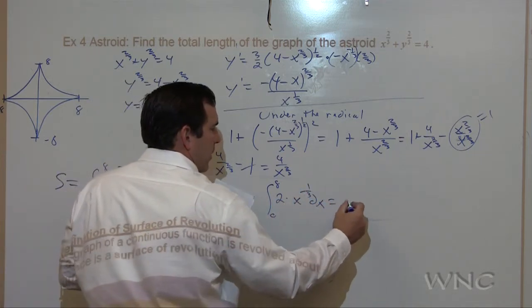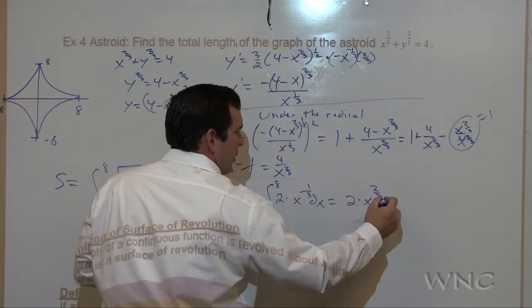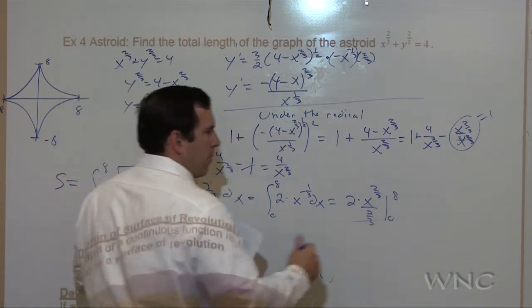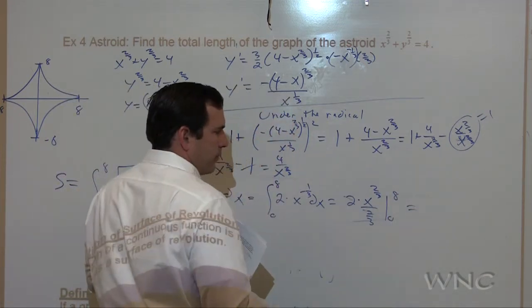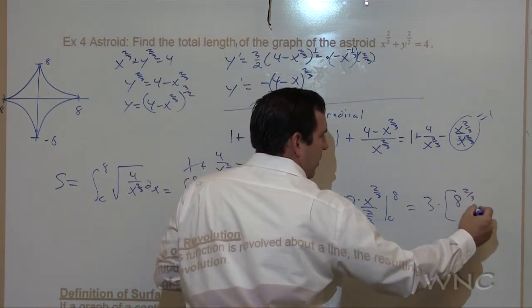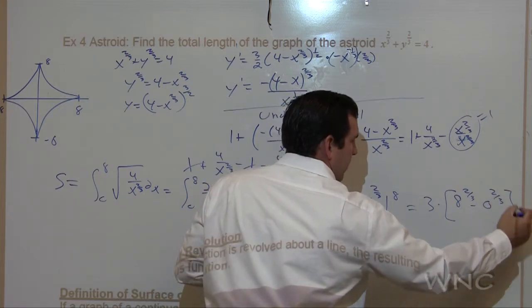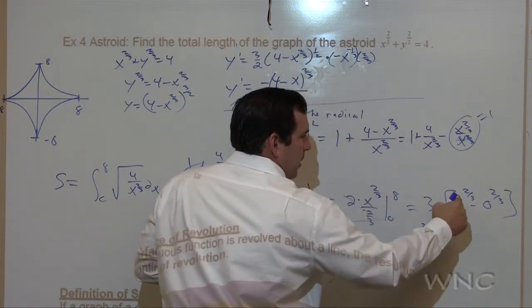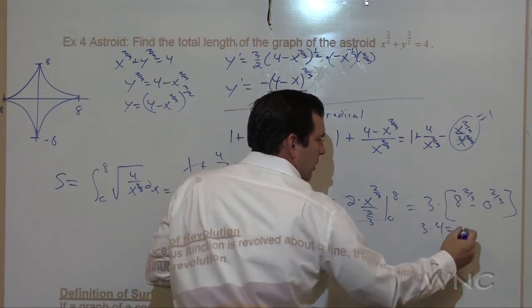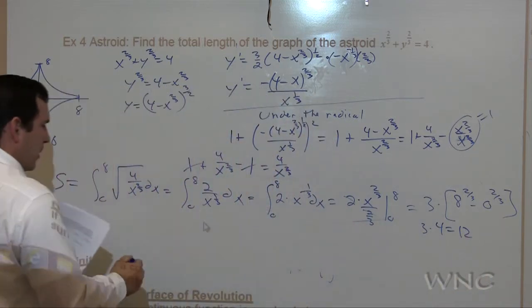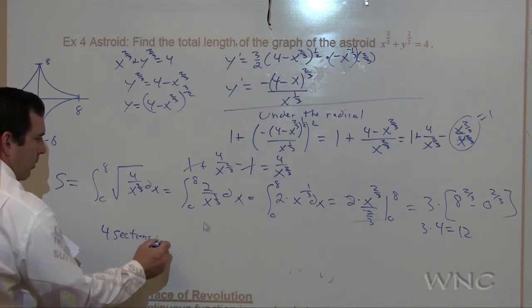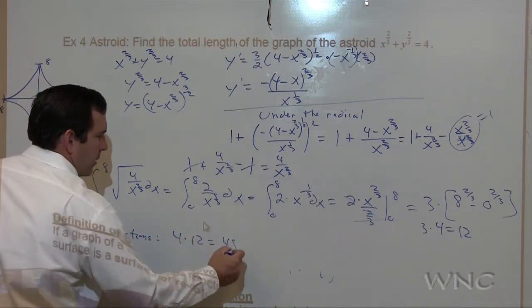That becomes 2 times x to the 2/3 over 2/3, from 0 to 8. The 2s divide out. So you have 3 times the quantity 8 to the 2/3 minus 0 to the 2/3. It's 3 times the cube root of 8, which is 2, squared is 4. So you get 12. We have 4 of these, so 4 times 12 equals 48.